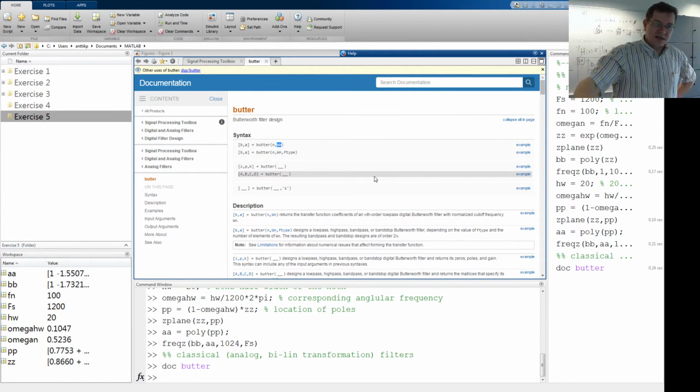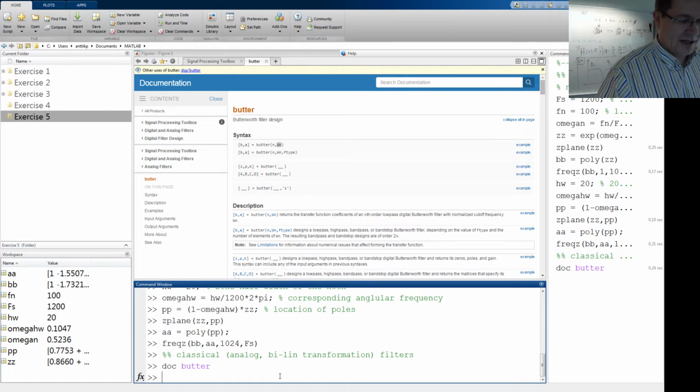Okay, I'll give you an example. So let's see: [b, a] = butter, order number, for example, fourth order.